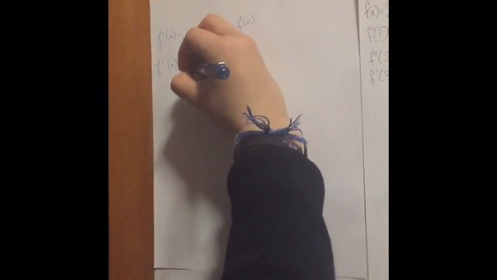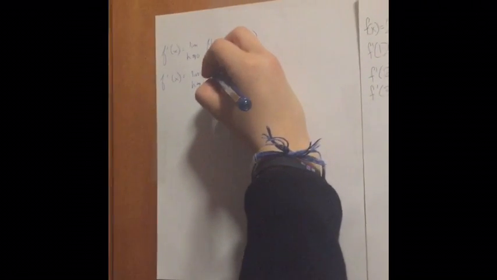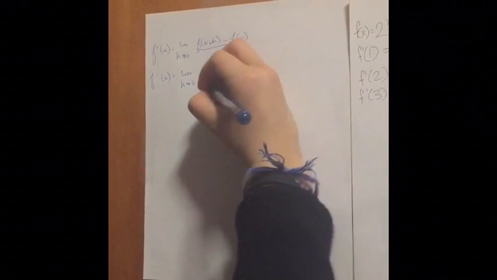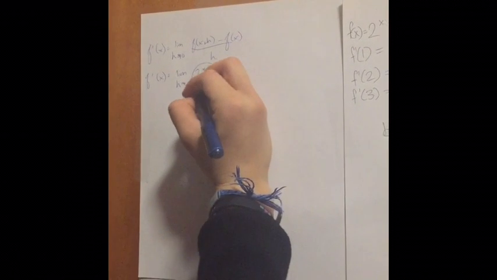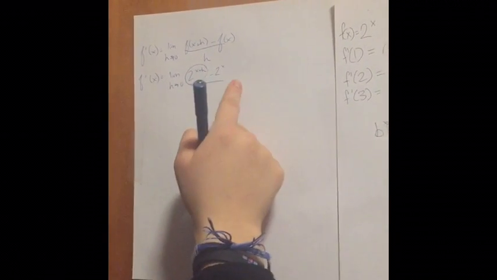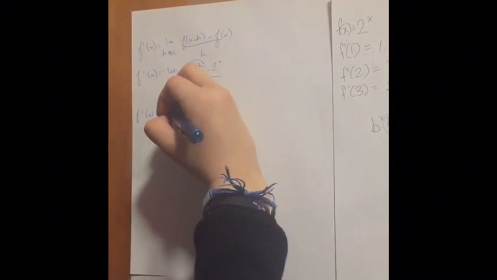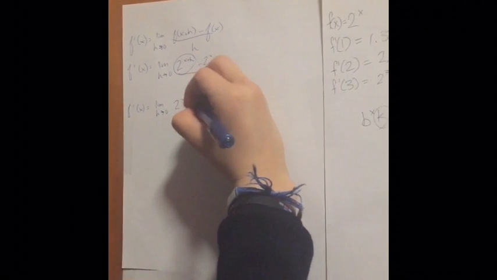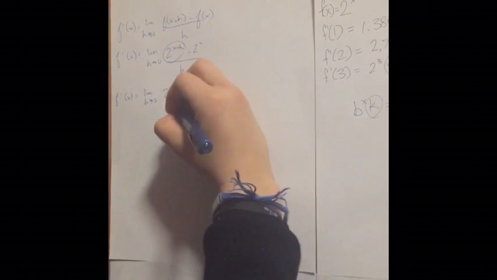We have the limit as h approaches 0 of 2 to the x plus h minus 2 to the x all over h. The first thing we would do is split this up into two different exponents. We have 2 to the x times 2 to the h minus 2 to the x all over h.